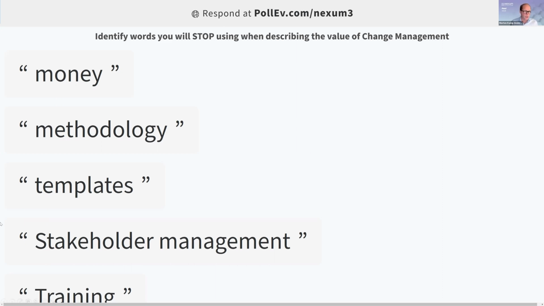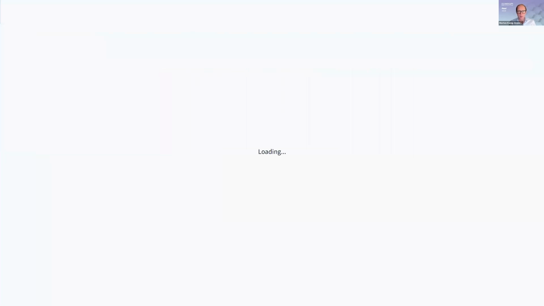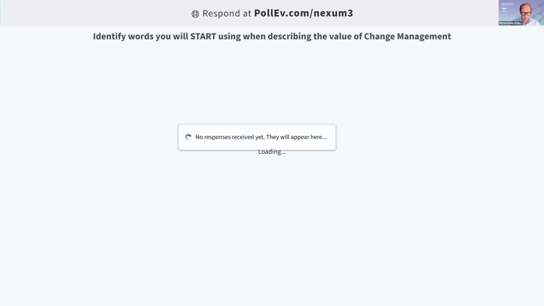Okay, great. So I'll just move on to the next one, which is which words will you start to use now as you are describing the value of change management? Which words will you start to describe now in terms of describing the value of change management?